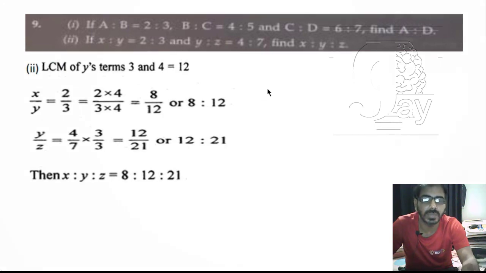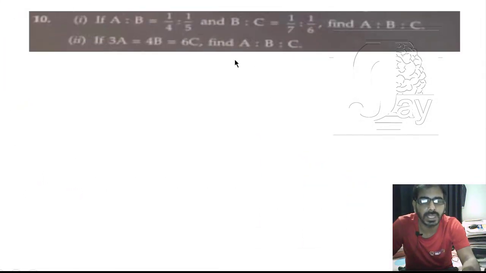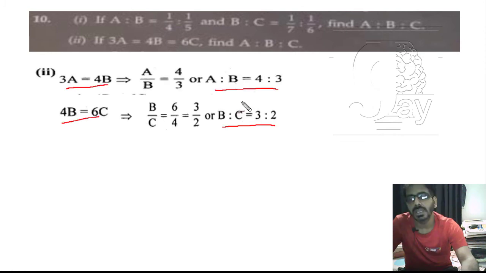Let us see another question based on this. This is question number 10. Again we have 2 questions, but we'll take the second one. In the previous question we had the ratio. In this question we have the equations. From the equations we're going to get the ratios, and once we get the ratios we're going to compare the common term.